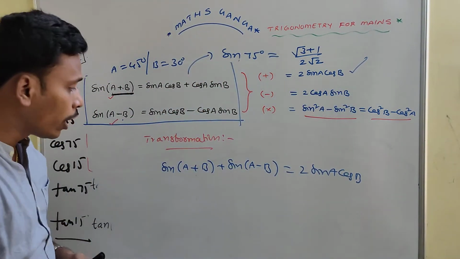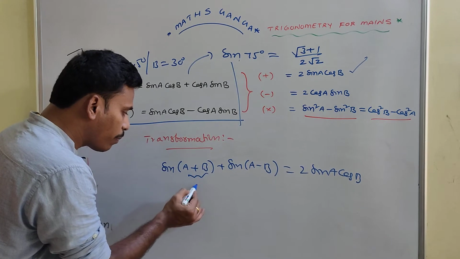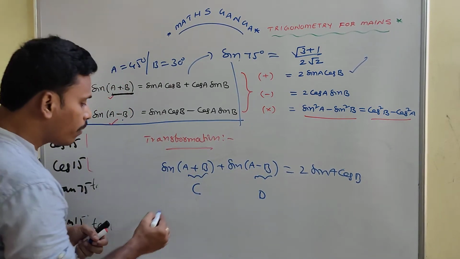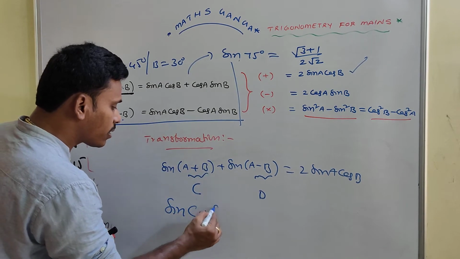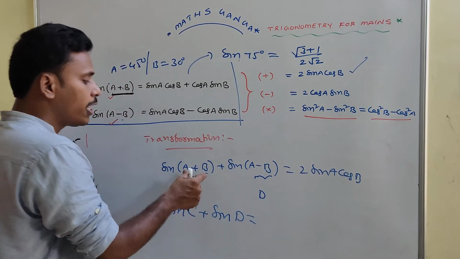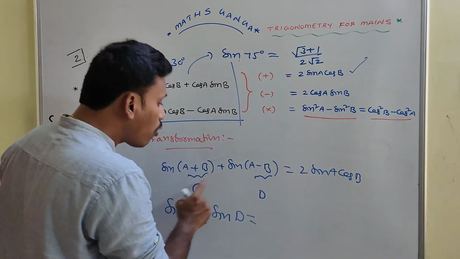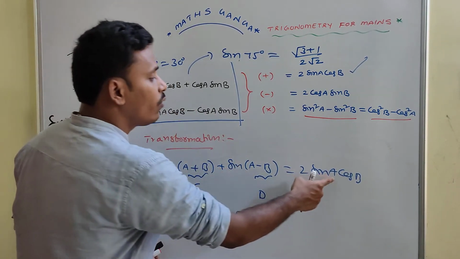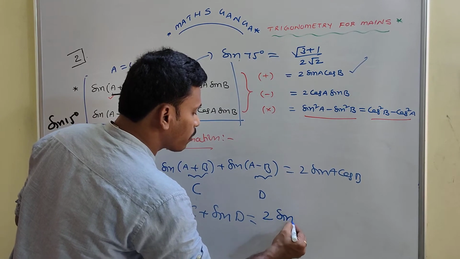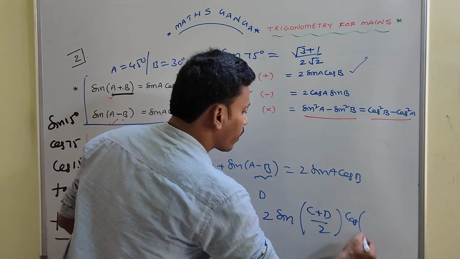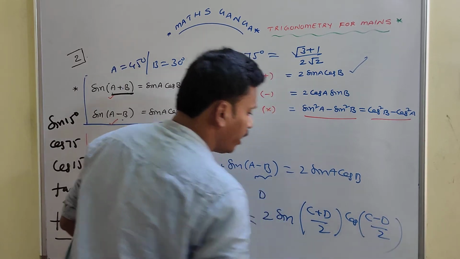Now what I am going to tell you is, just treat this a plus b as some c and this a minus b as some d. Then it becomes like this: sin c plus sin d equals, since the sum of c and d is 2a, and here we have a, if you rewrite it in terms of c, it becomes 2 sin of (c plus d) by 2 into cos of (c minus d) by 2.